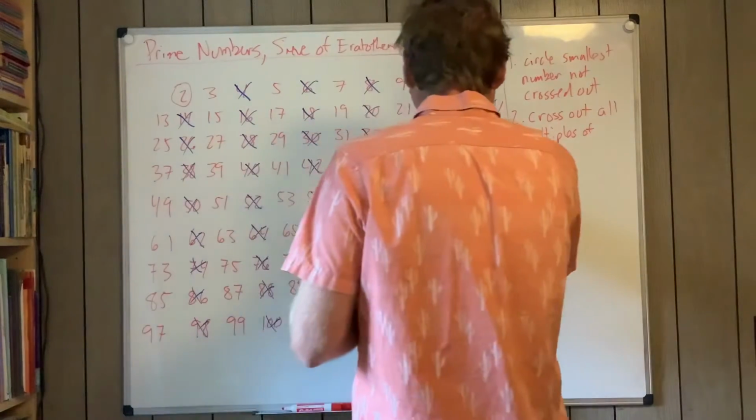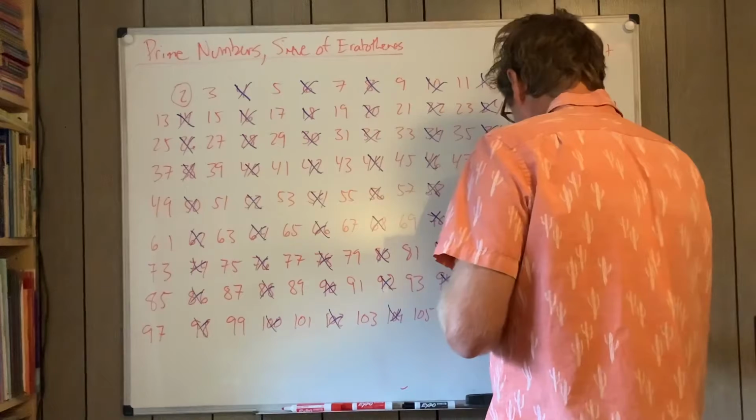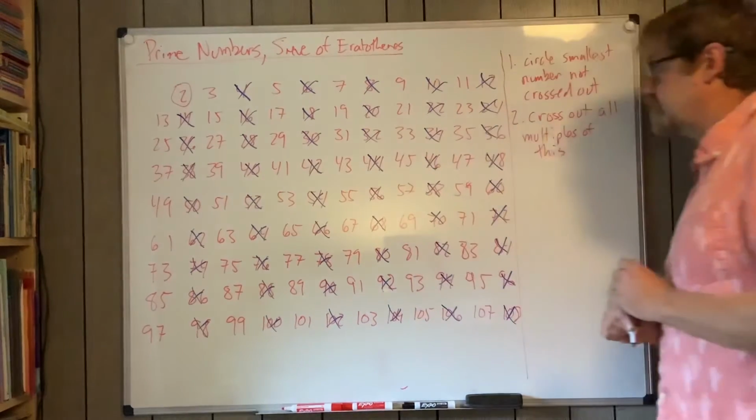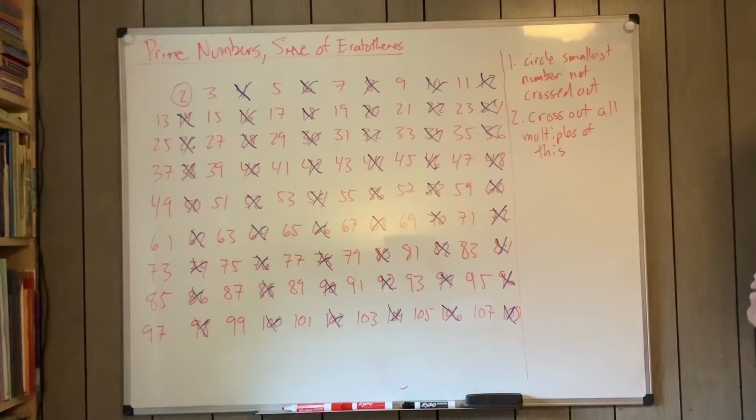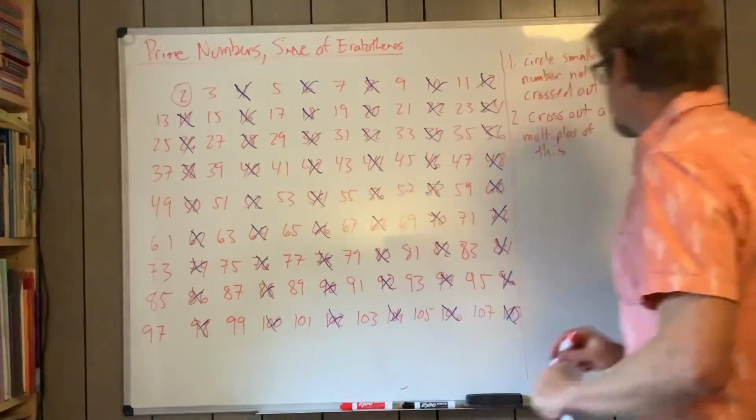There's nothing special about this 12 in a row, but it makes some of this really nice. And again, I didn't have to stop at 108, but this is just to show you.